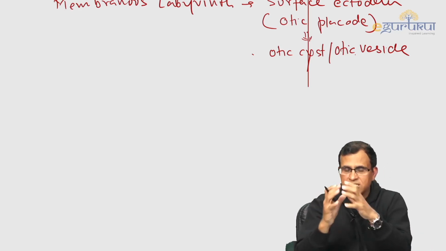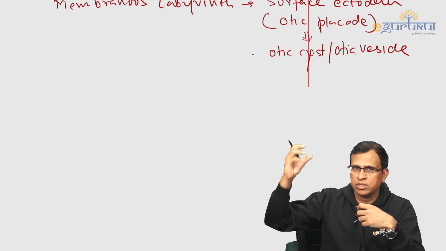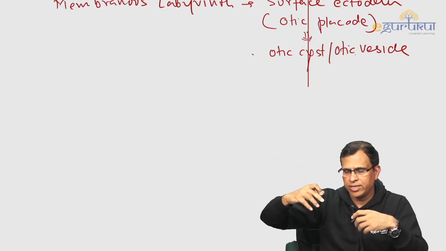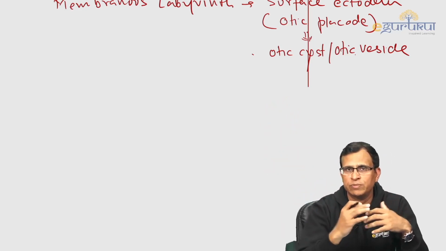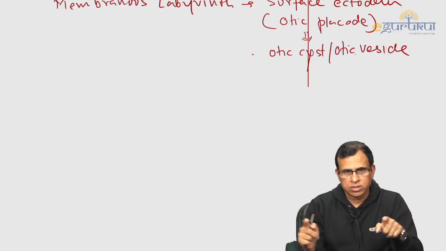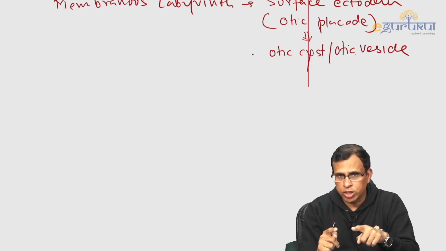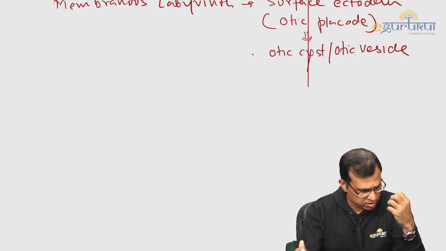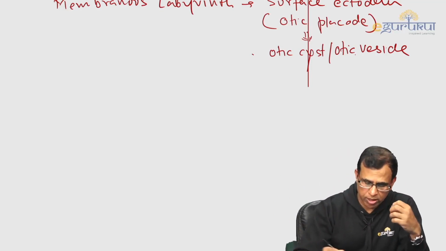Now, when this cyst is formed, as I told you, it breaks from the surface and goes inside, and it is further going to develop into various structures. The mesoderm around this cyst condenses and that becomes the bony labyrinth.